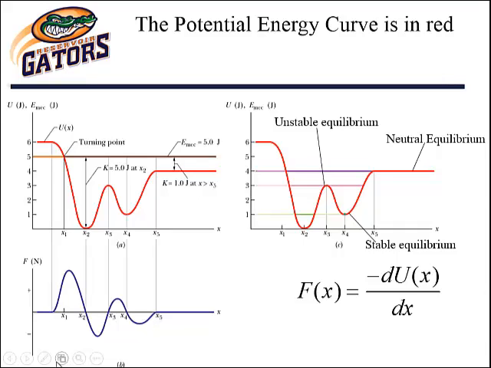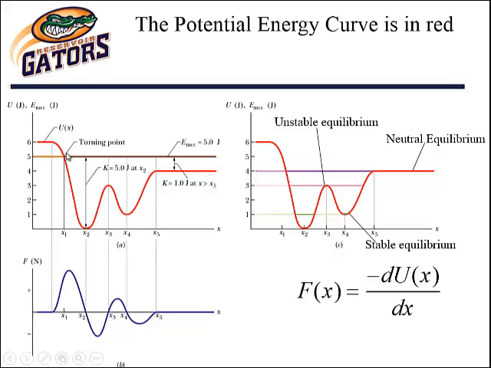I have to give you some information for you to use this graph. I either have to tell you what the maximum mechanical energy is. In this case, that's what was given. That's 5 joules. That's as much energy as we can have. So that means that anything to the left of x1 is not physically possible. The object can never be over here.